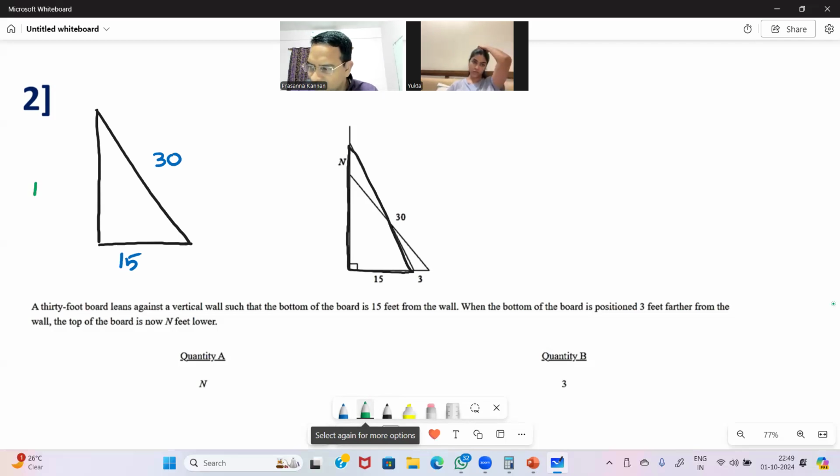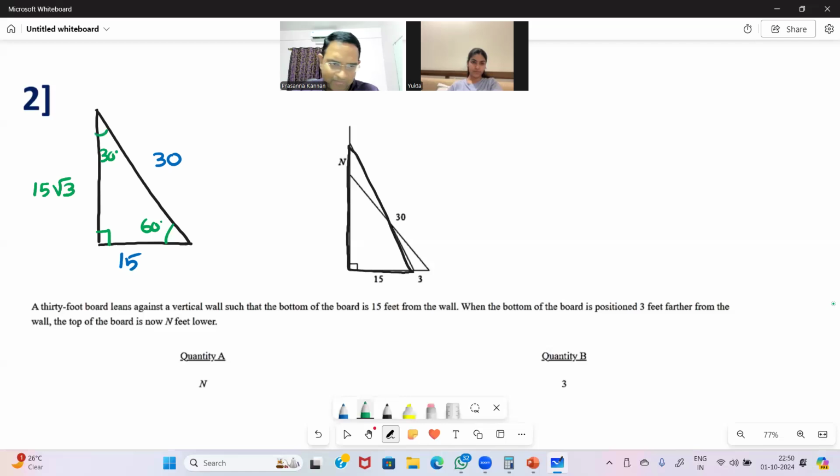So this is a triangle of this kind, 15 √3. So this is anyway 90 degrees, this is going to be 60 and this will be 30. You are aware of that, Yukta?